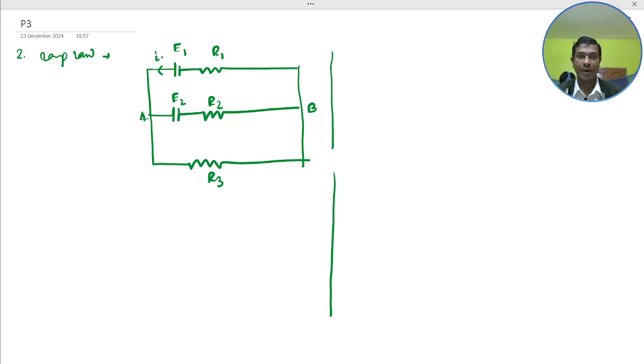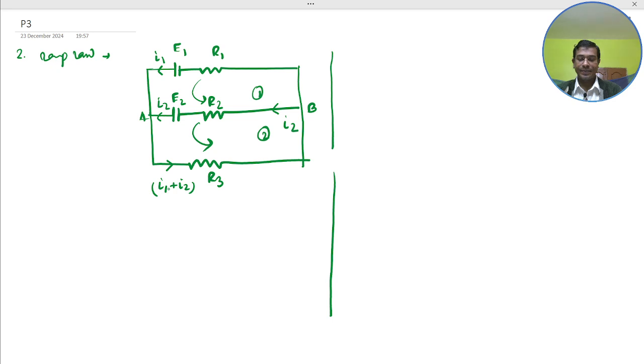Here current I1, I2 and total current I1 + I2. This is loop 1, loop 2. Here the currents are in these directions.